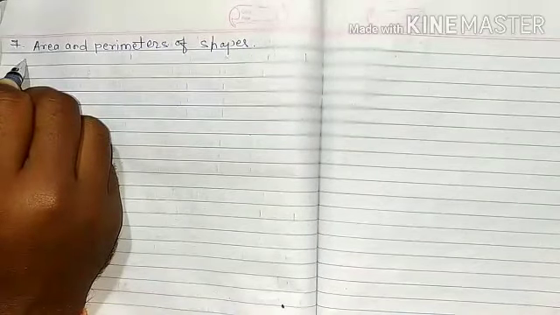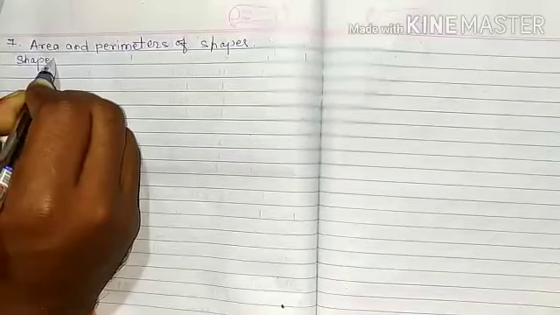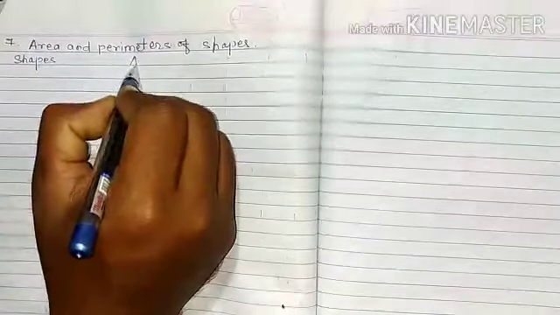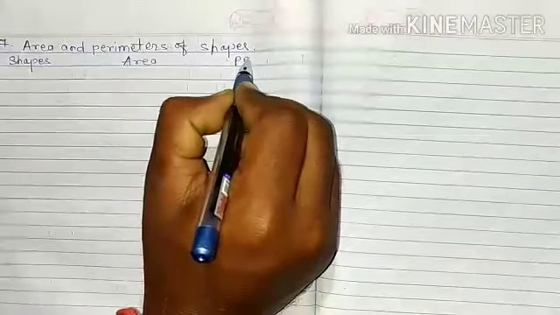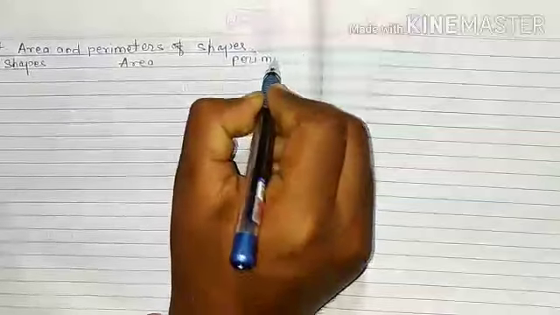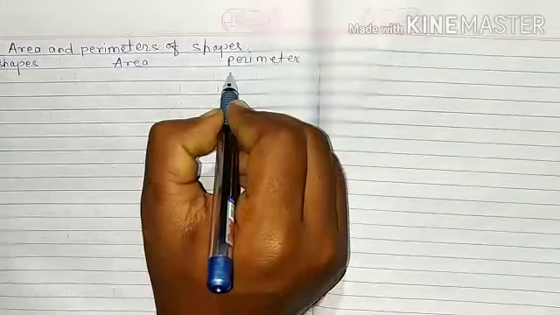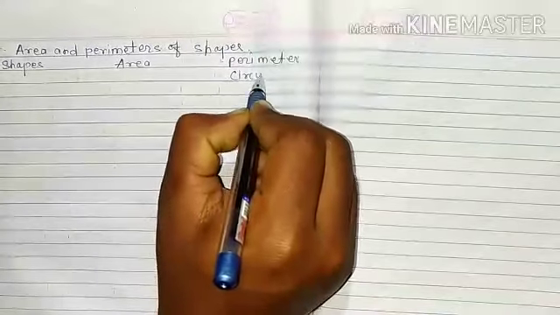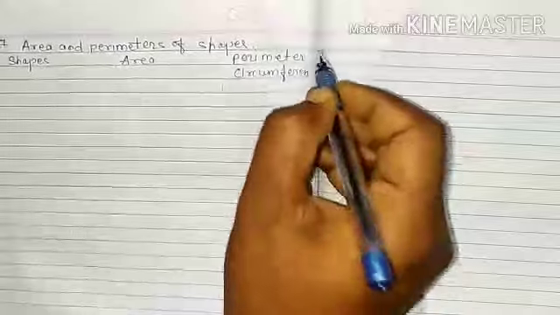Here, shape, area, perimeter, and in case of circles, perimeter is known as circumference.